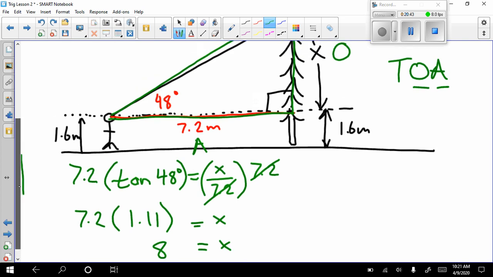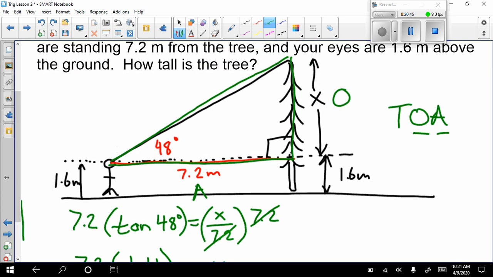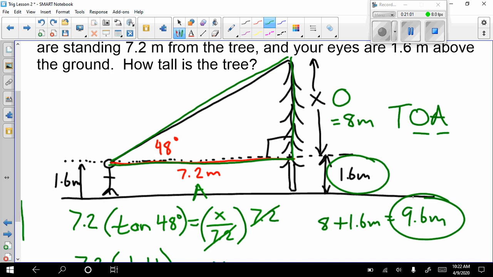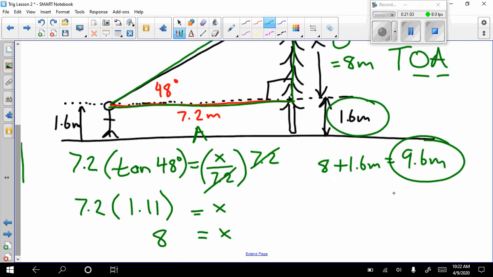So I know that this side right here is 8 meters, but remember we have to account for that 1.6. So 8 plus 1.6 meters is equal to 9.6 meters. So the height of the tree must be 9.6 meters.